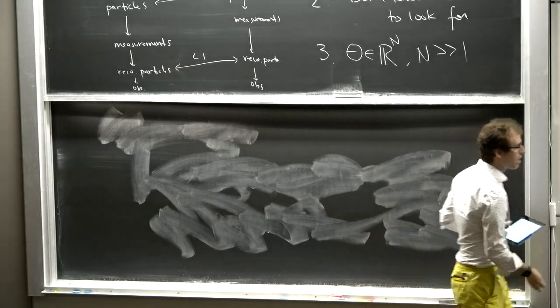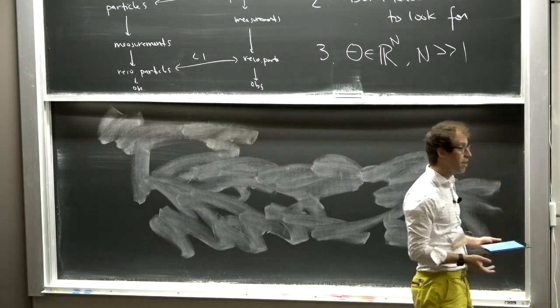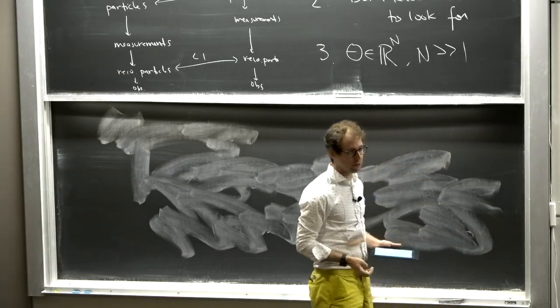And to be clear, the idea is that P of sideband is basically only background. That's the whole point: the signal region might have some signal, but the sideband has no signal.